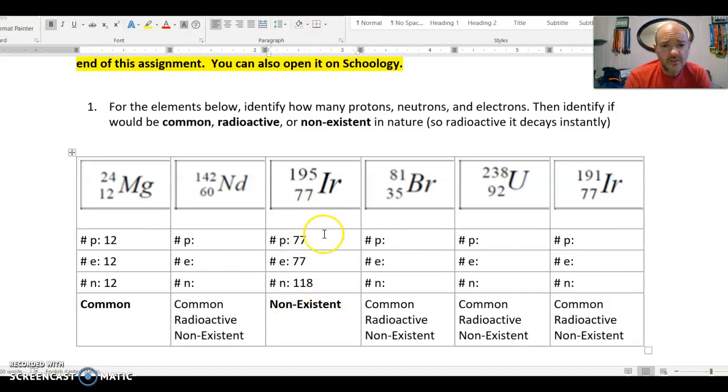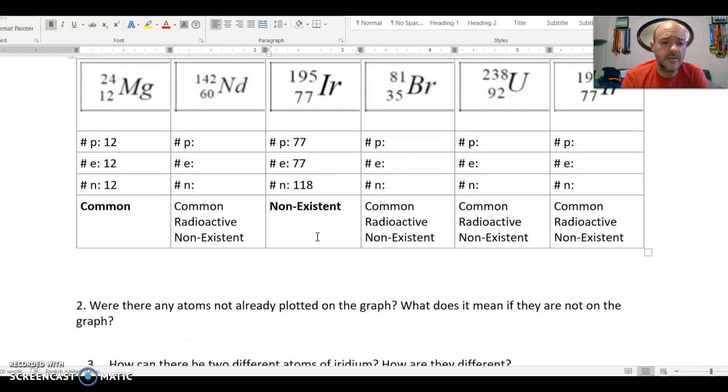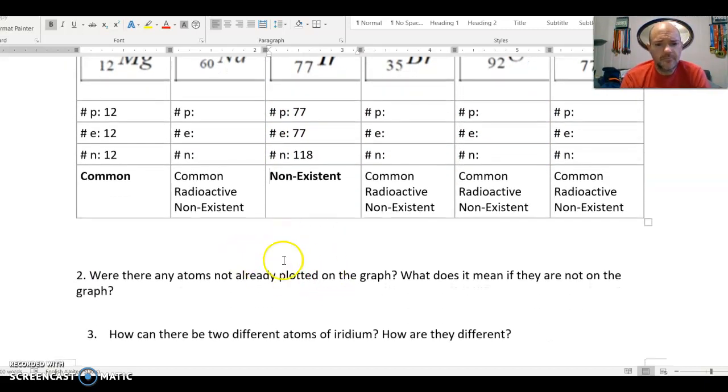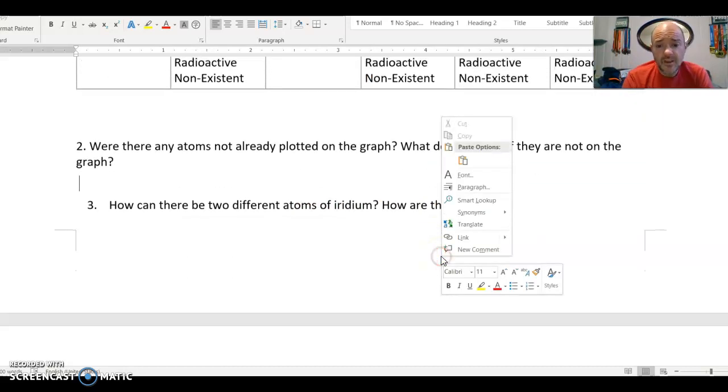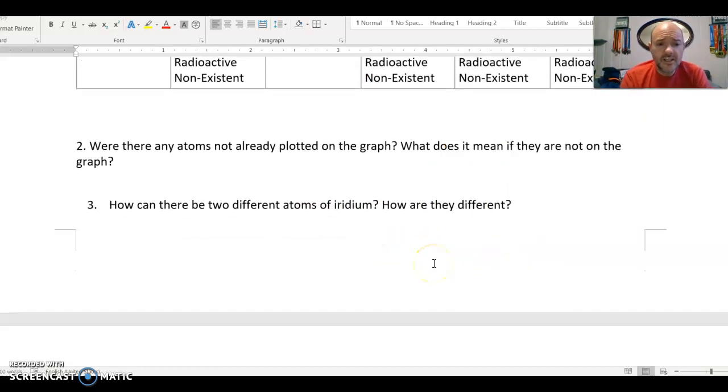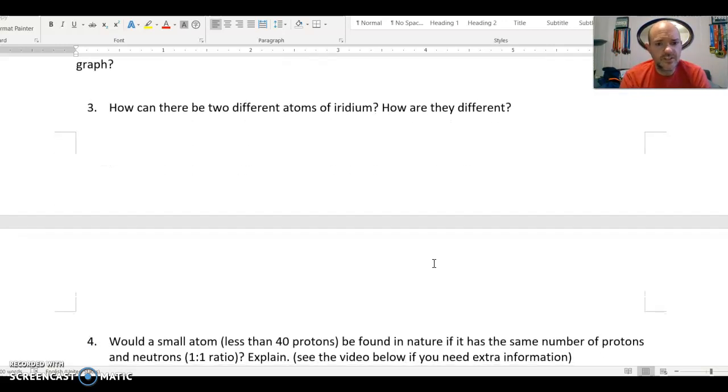And that's what I want you to do for each of these in here. So I've got 2 of them finished for you. So I want you to think about that. You should be able to answer question number 2 right now after what we just talked about. Think about number 3. If you're thinking about number 3, maybe go back and look at the last worksheet we did, the isotopes worksheet.